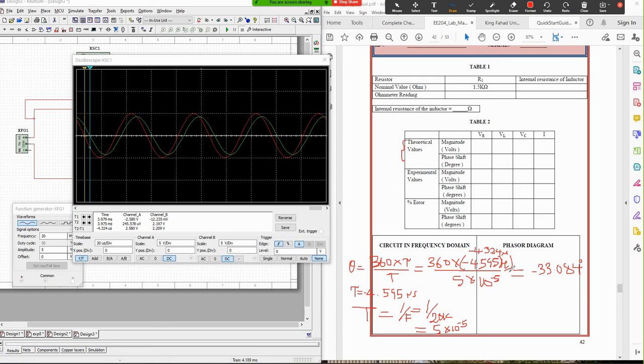What do we have? You see, it has decreased because we tried to reduce the error here. So now it becomes minus 31.13 degrees.